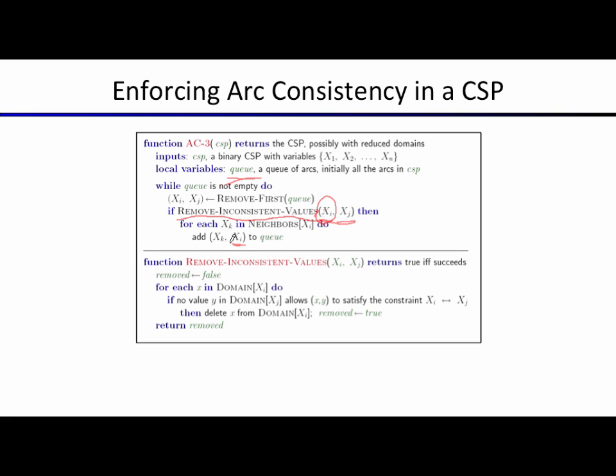Every time. When do I put an arc back in the queue? Well, we have the pseudocode right there. At what point do I put an arc back in the queue? Come on, help me out here. Yes. Well, so when you remove something from the head of that arc. But I also have a question.